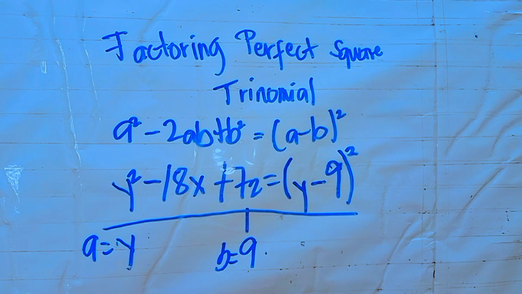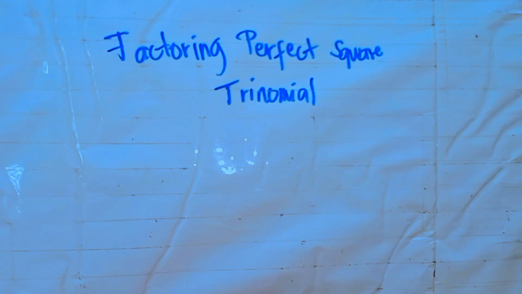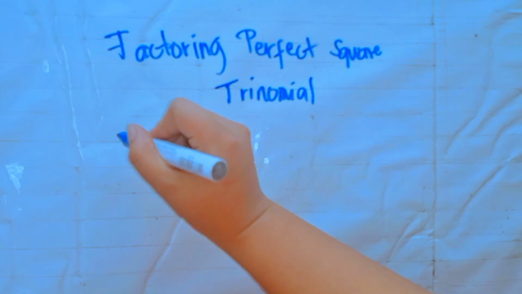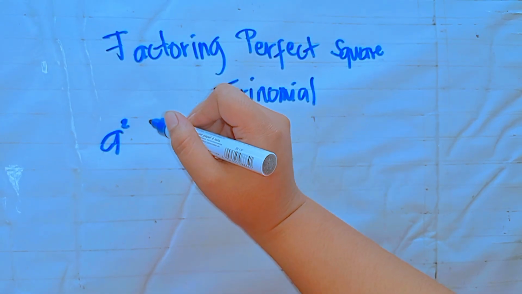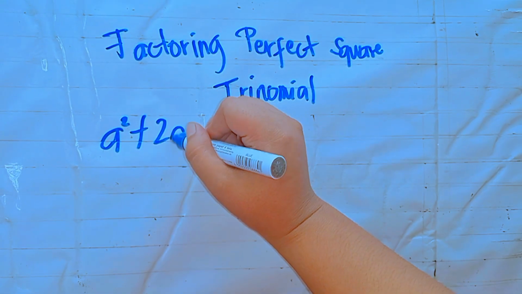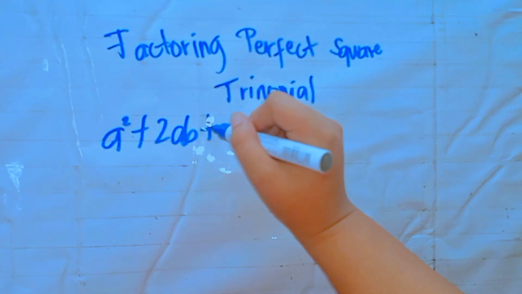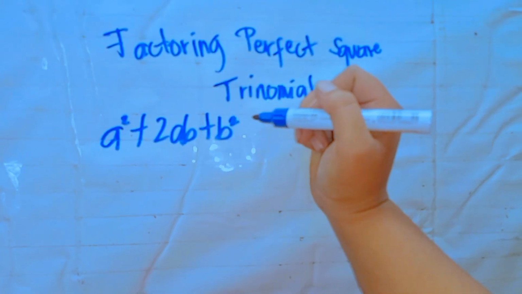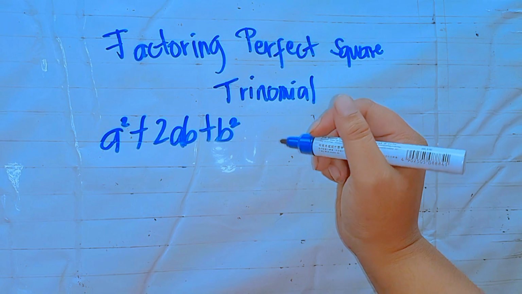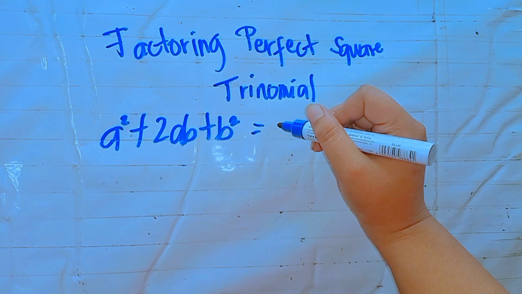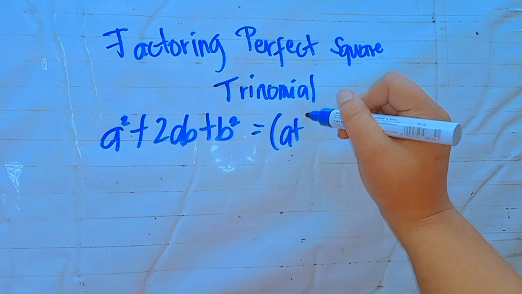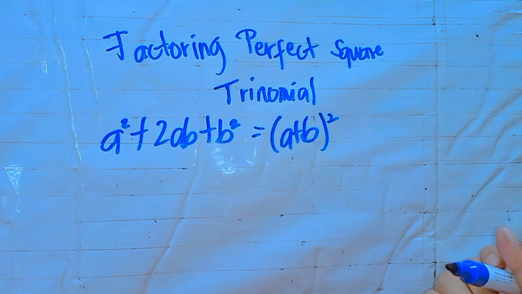Let's move on to the other perfect square trinomial form. Now here we have the form a squared plus 2ab plus b squared is equal to (a plus b) squared.